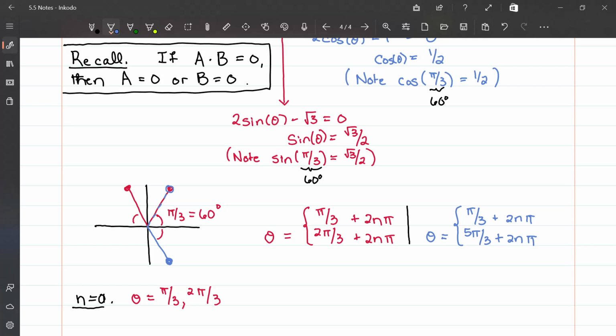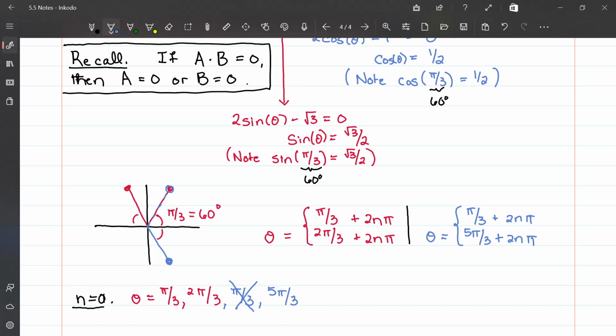If we then put it into the second system, I'm just going to keep listing them along the same line of equation here. We would get pi over 3 again. That's a repeat. We really don't need that one. And then we would get 5 pi over 3.